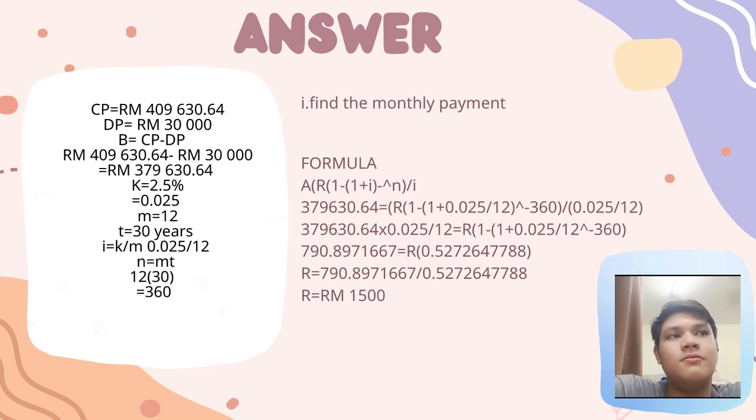Then 0.025 per 12 will transfer to the left because it needs to be multiplied, and it will be 406,630.64 multiplied by 0.025 per 12 and equal to R bracket 1 minus bracket 1 plus 0.025 per 12 bracket negative 360 brackets.